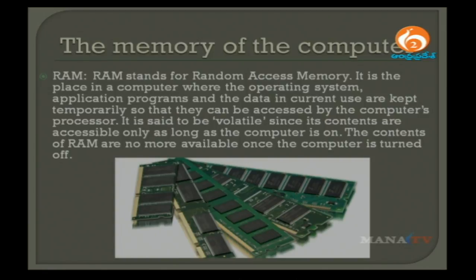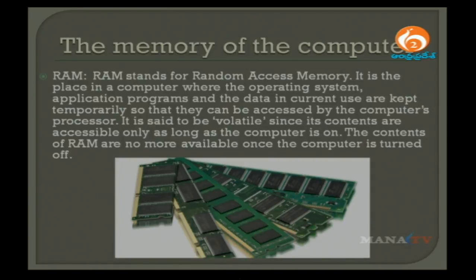It is a place in a computer where the operating system, application programs and the data in current use are kept temporarily so that they can be accessed by the computer's processor. It is said to be volatile since its contents are accessible only as long as the computer is on. The contents of RAM are no more available once the computer is turned off.